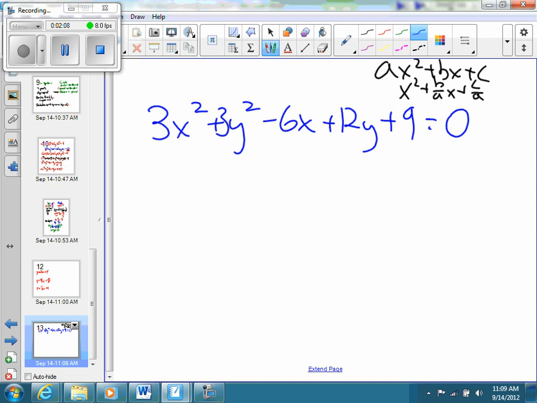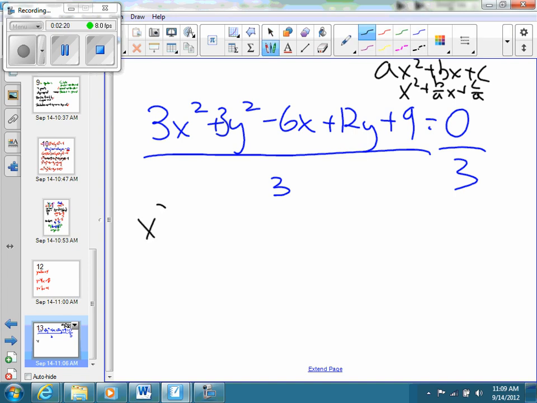What am I going to do to get them to be 1? Divide the whole shebang here by 3. So I'm going to have x squared plus y squared minus 2x plus 4y plus 3 is equal to 0, because 0 divided by 3 is 0.